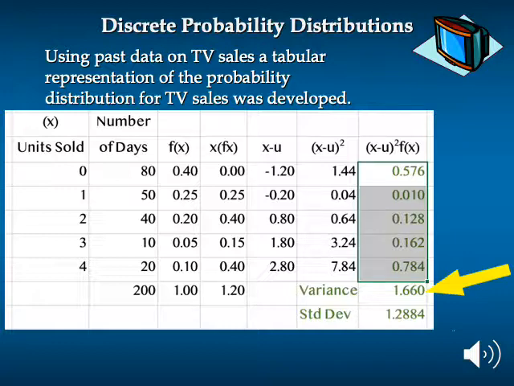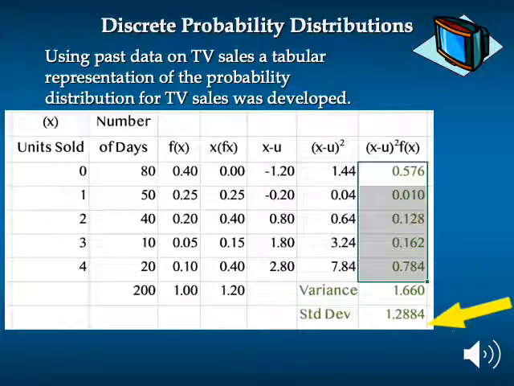We're going to do the same thing for any one of the rows in that column. When we total that up, the total of this column equals the variance, and in this case, it's 1.660.